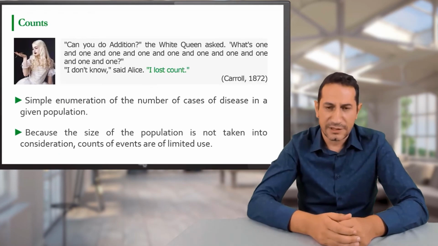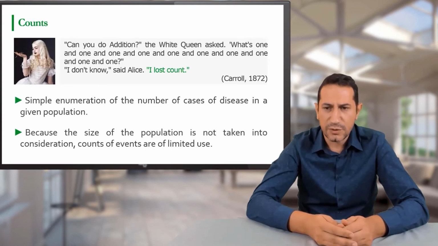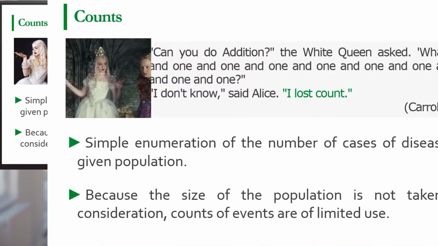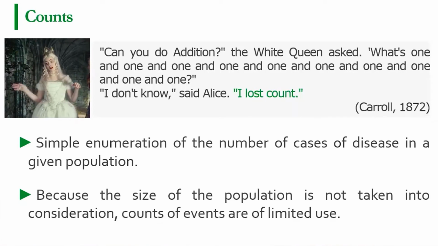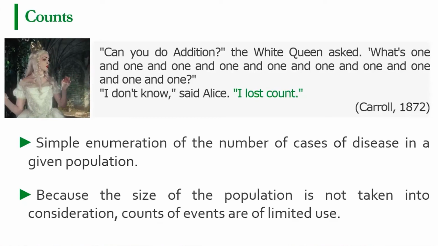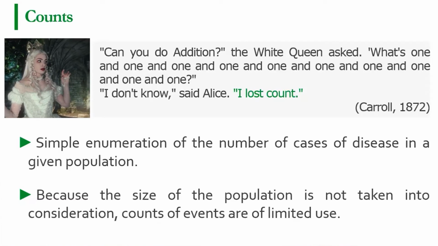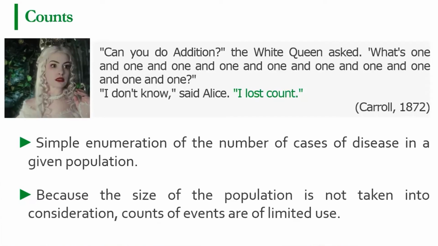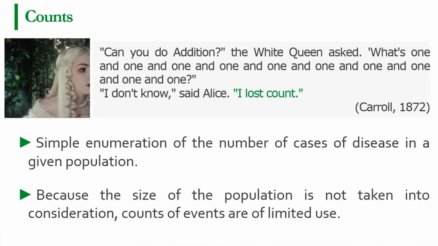Starting with the counts, it's a very simple enumeration of the number of cases of a disease in a population. There is not that much epidemiological information related to counts, but they are still very useful when they are put into a context of time or into the population they derive from. For example, when we do counts on a timeline, we can derive the epidemiological curves.